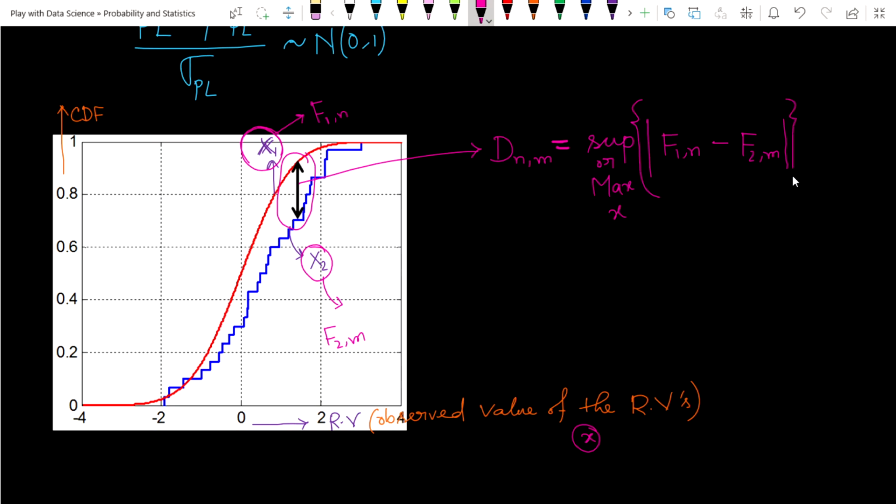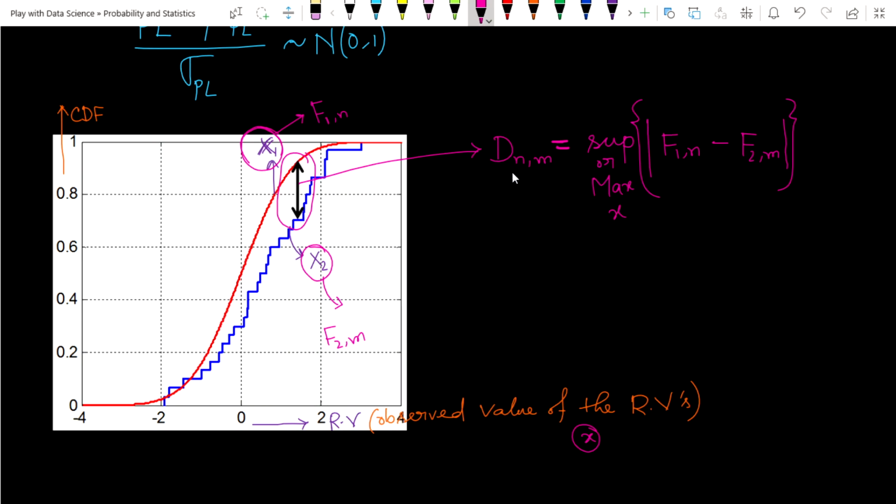First we calculate the differences for all observed values, and after that we take the maximum, the supremum, of these differences. This is called Dn,m.